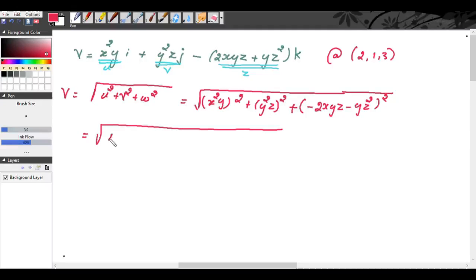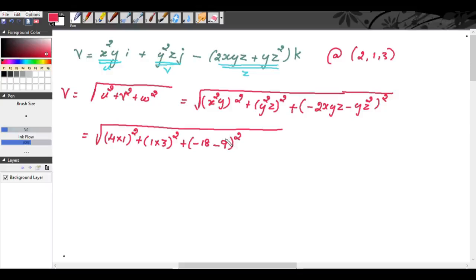So 2 2s are 4. 4 into 1 the whole square plus y is 1, so 1 into 3, z is 3, the whole square plus minus x is 2, so 2 into 1 into 3. 2 3s are 6, 6 3s are 18. So minus 18 minus y is 1, z is 3, 3 3s are 9. So minus 9 the whole square.